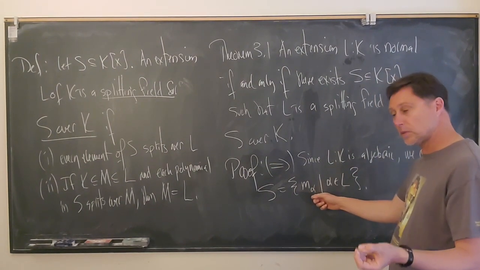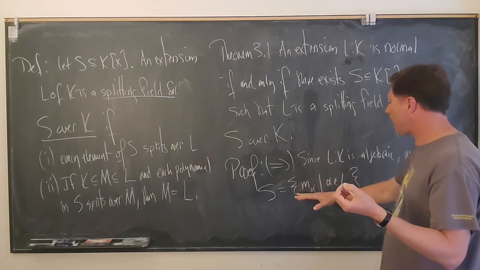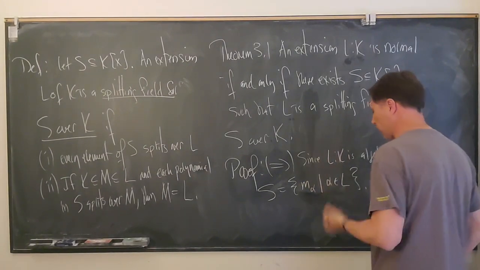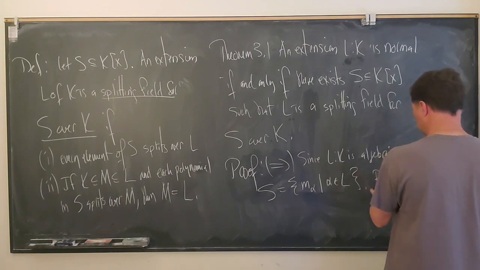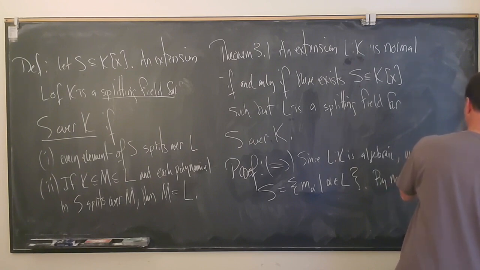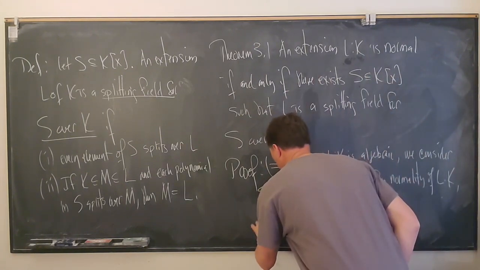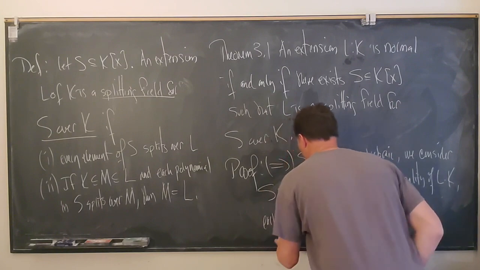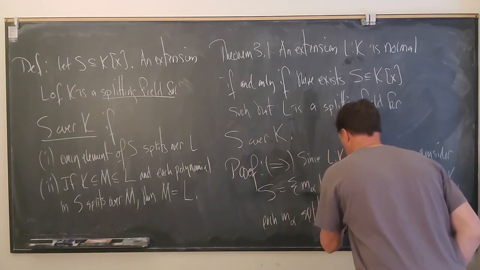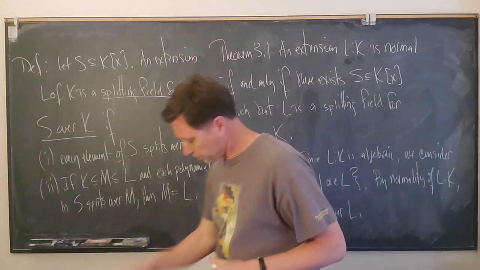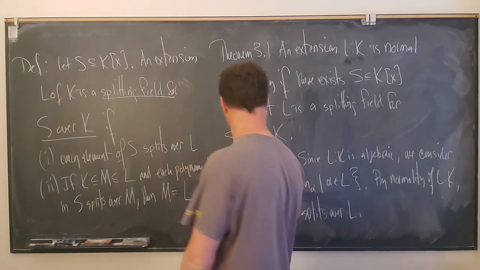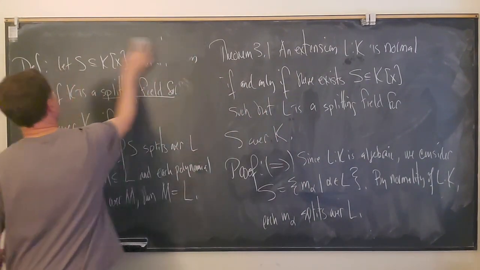Alpha lives in L, so by normality of L over K, each M sub alpha splits over L for every alpha. So now the question is, is it actually the splitting field, right? Is it the smallest? So let's suppose that there's some intermediate field.